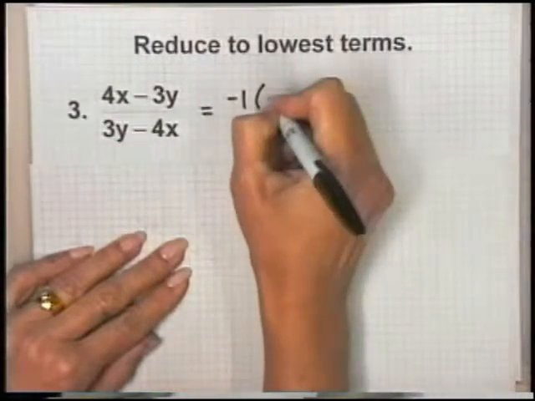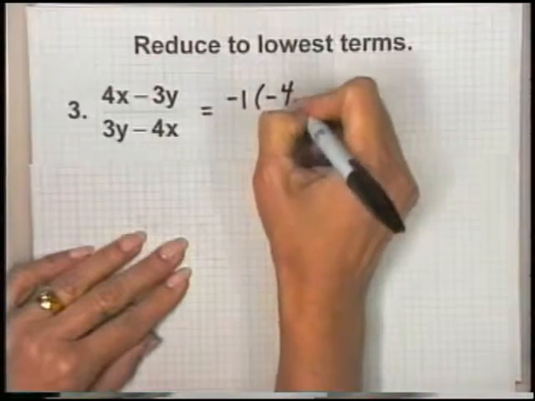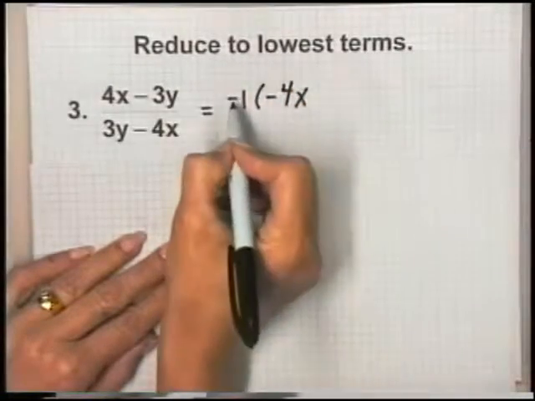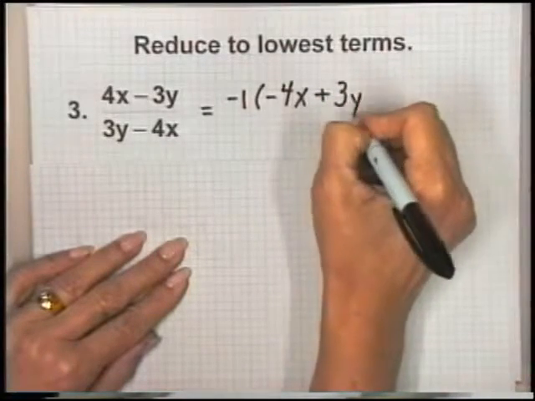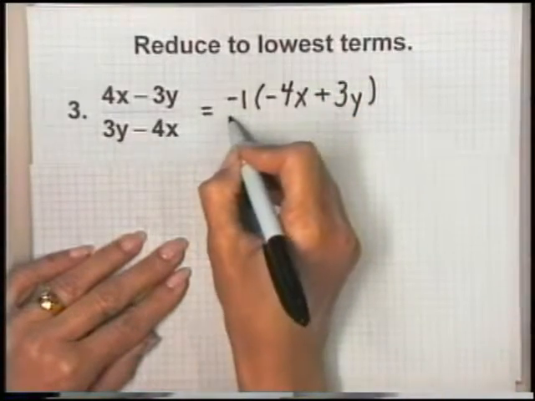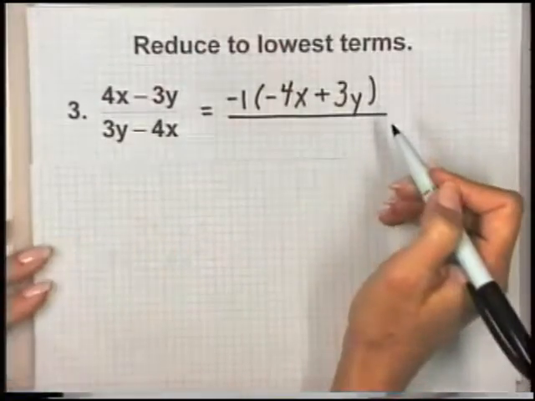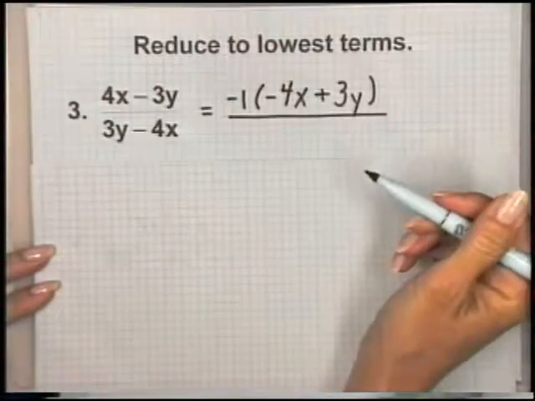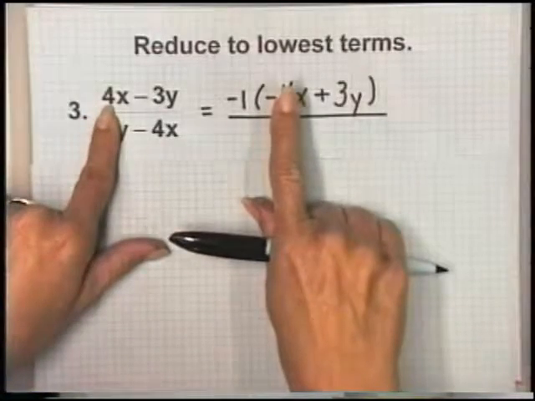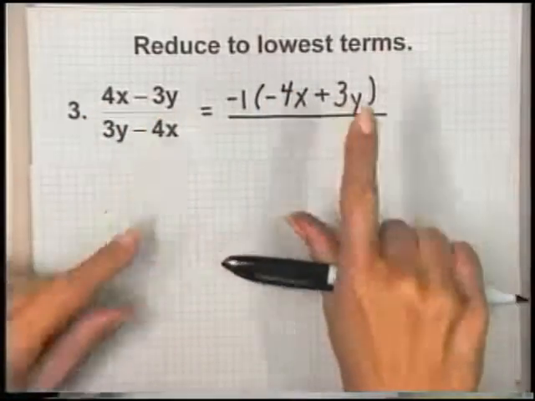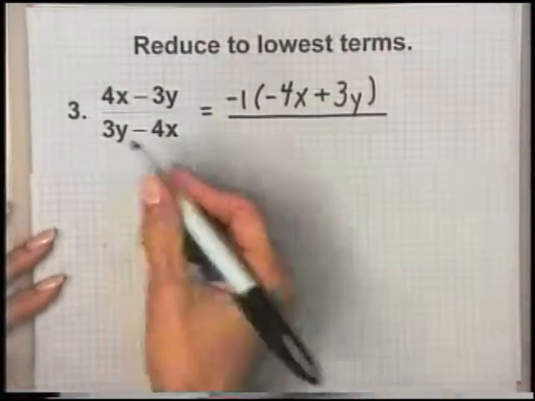When I factor negative 1 out of 4x, I'm left with negative 4x. And when I factor negative 1 out of negative 3y, I'm left with positive 3y. Remember, when we factor a negative 1 out of a term, it changes its sign. As you can see, that happened with the 4x, and that happened with the 3y.